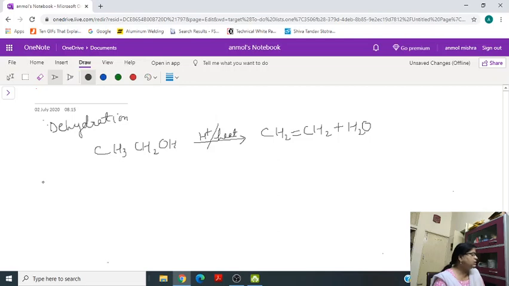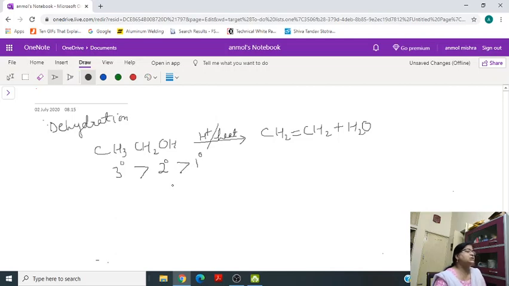Now ethanol undergoes dehydration to form alkene. Secondary and tertiary alcohols undergo dehydration under milder conditions, means the tendency of dehydration is maximum for tertiary, then secondary, and then primary.